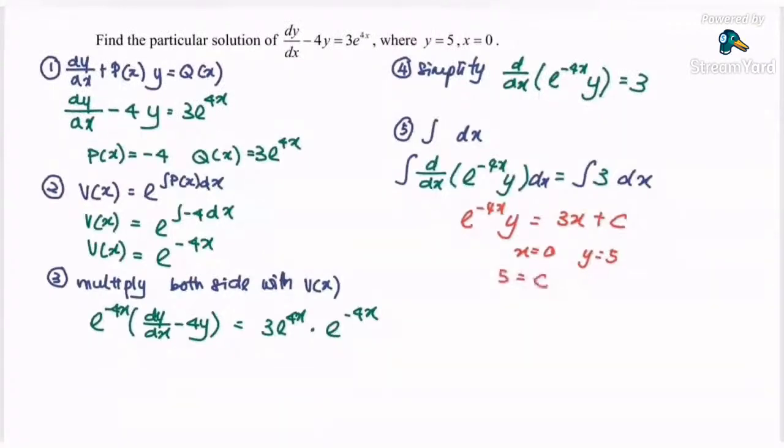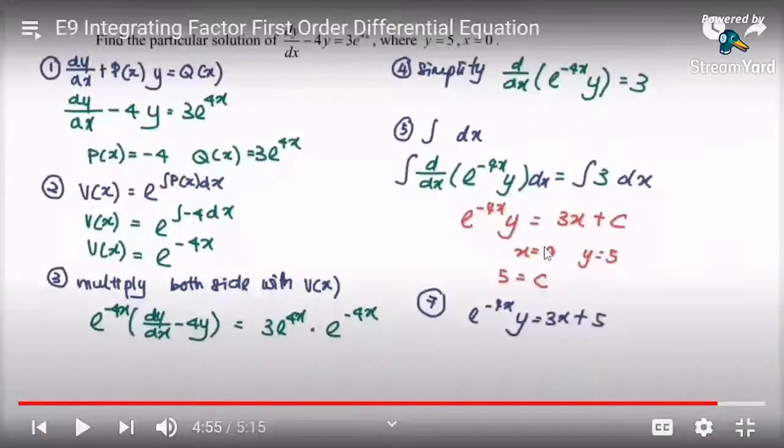So number 7, we will have e negative 4x y is equals to 3x plus 5. Okay, so faham tak apa yang tengah berlaku di sini? Saya nak cari C. So, fokus saya nak pergi ke particular solution. So, kalau saya substitute 0, E0 adalah 1. So, Y saya adalah 5, that's why dapat 5.